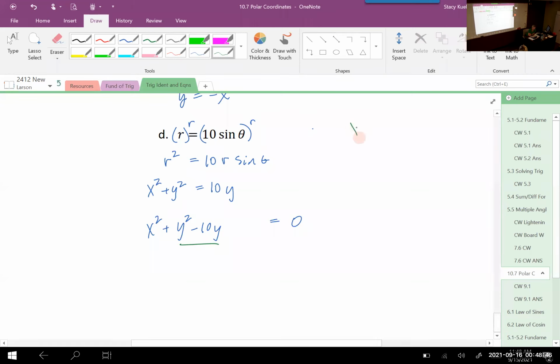X squared minus 10x plus 25 is a perfect square trinomial, and that factors into x minus 5 to the second power, right? It is a perfect square trinomial because the first term and the last term are perfect squares, and the middle is actually twice the product. It's square the first, double the product, square the last, going backwards. I just factored it into that.